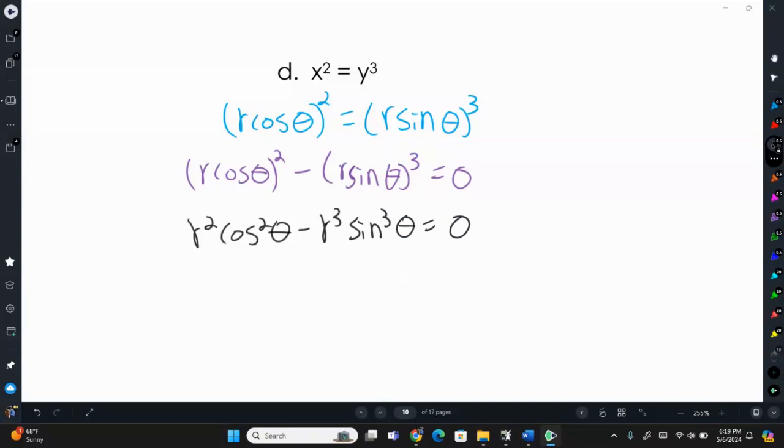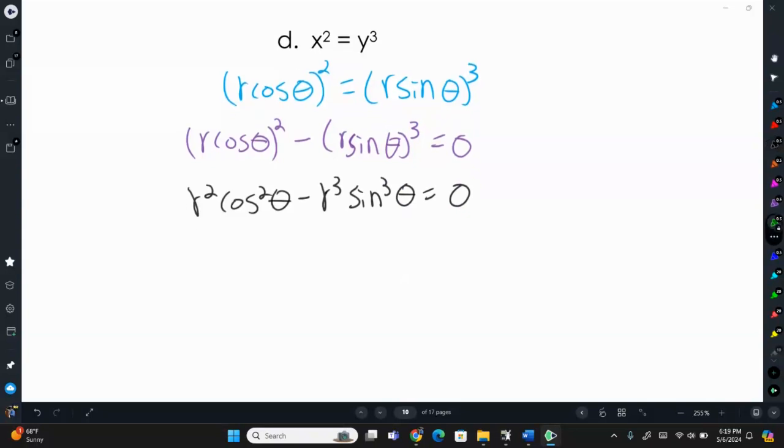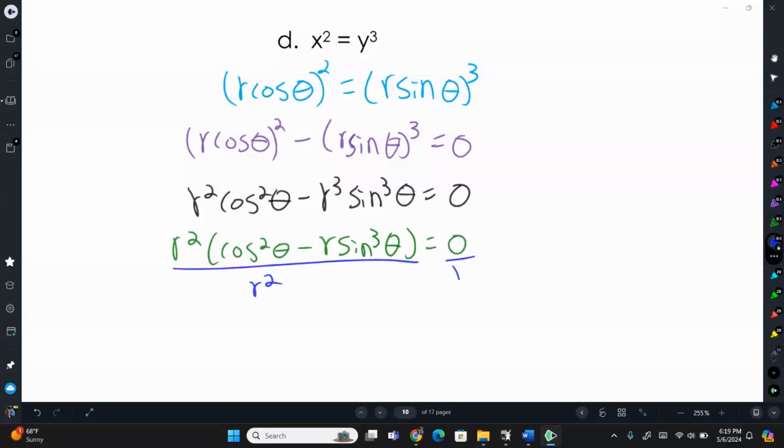We're going to factor out an r squared. So when we factor out an r squared, we're left with cosine squared theta minus r sine cubed theta equals 0. And just like in the other problem, we're going to divide by r squared because those cancel.